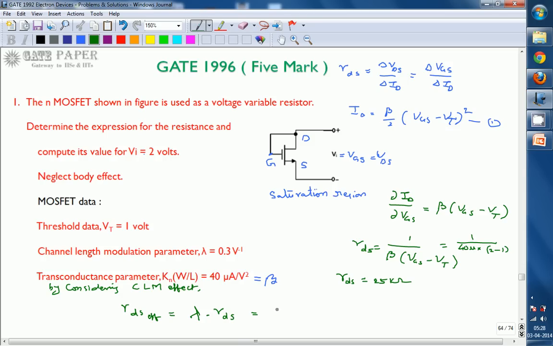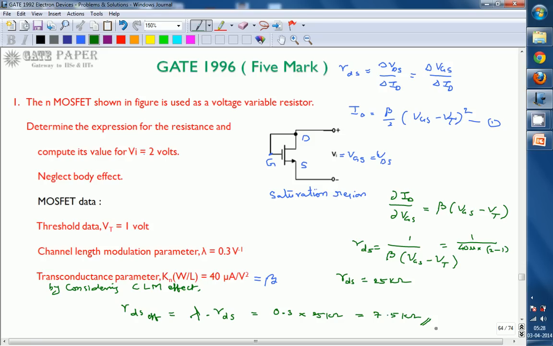So lambda is 0.3 multiplied by 25 kilo ohms, which is 7.5 kilo ohms. That is the actual resistance whenever VI is equal to 2 volts and channel length modulation is considered. If you don't consider it, the RDS value is 25 kilo ohms.